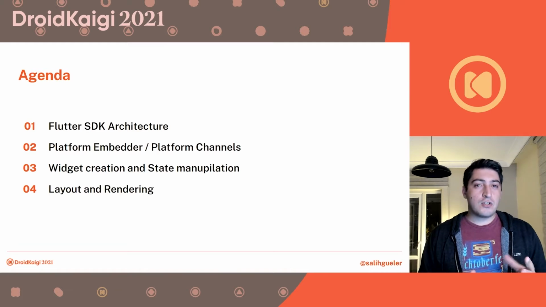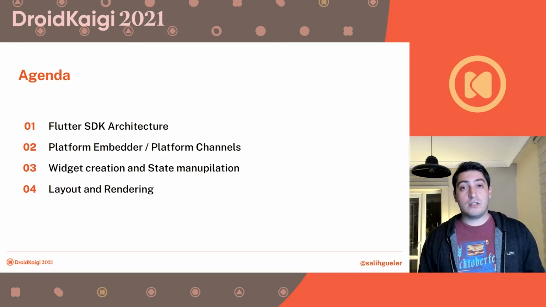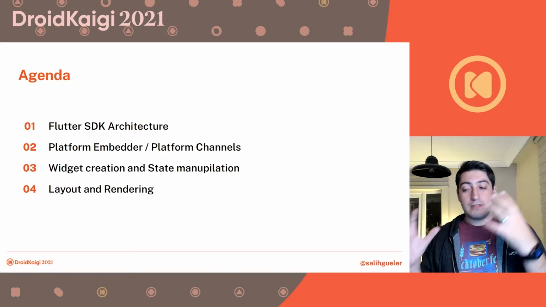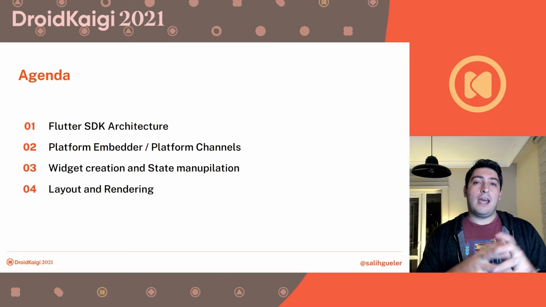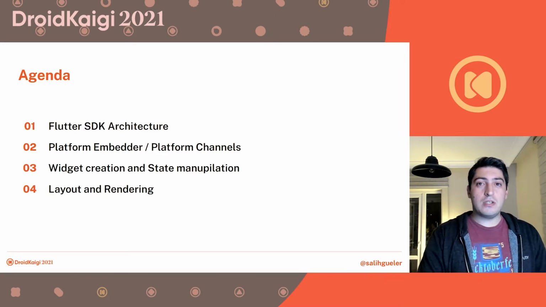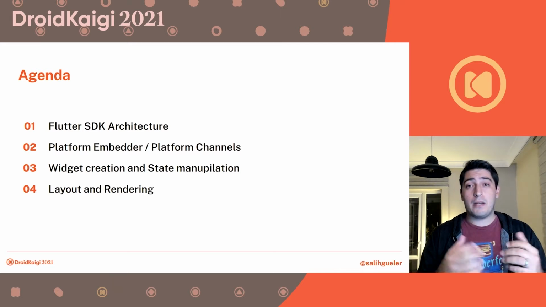Today's agenda is going into 4 different steps. First, we will talk about Flutter SDK architecture, how it is well designed in a way that makes sense to use on different platforms. Then we will talk about platform embedders and platform channels.